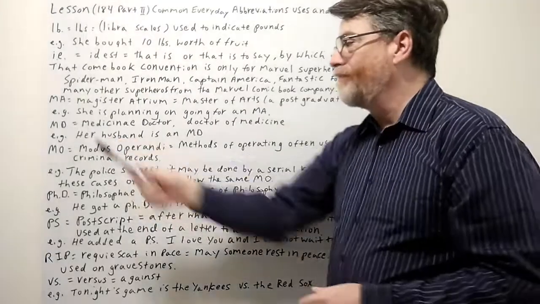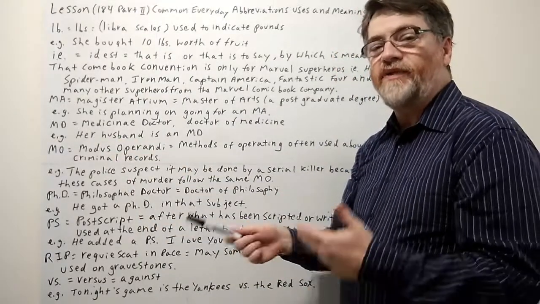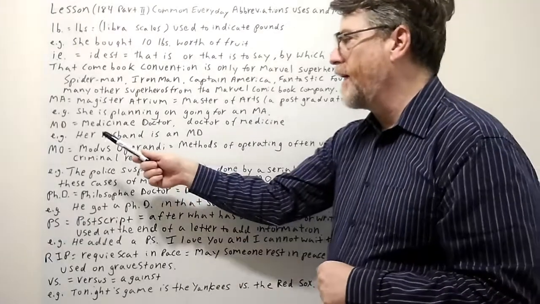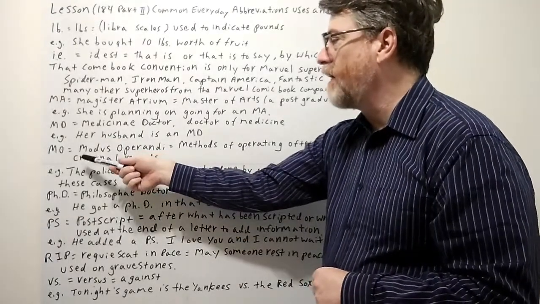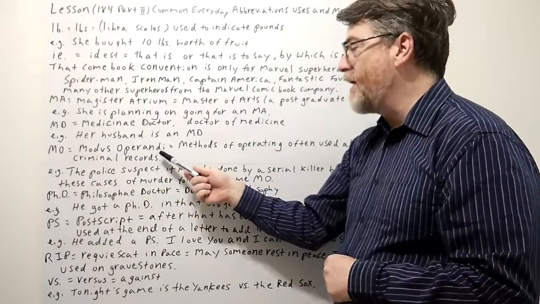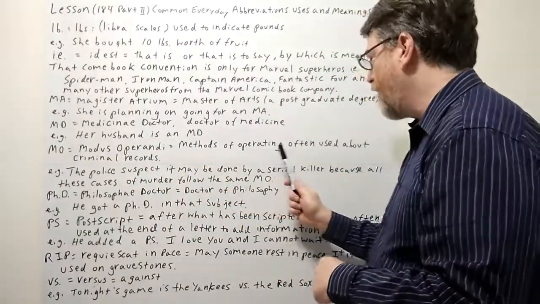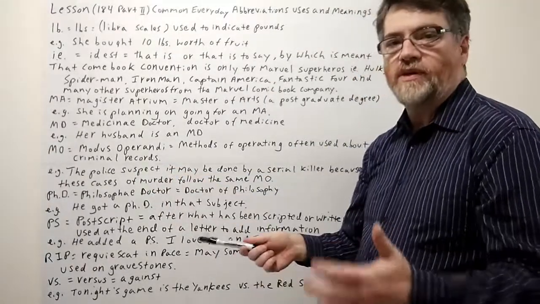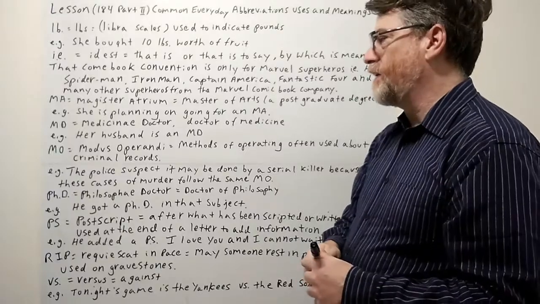All right, MO. We sometimes hear this in movies, especially detective movies that try to find the criminal. So MO here stands for Modus Operandi, methods of operating, often used about criminal records.